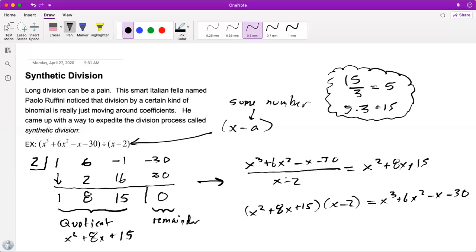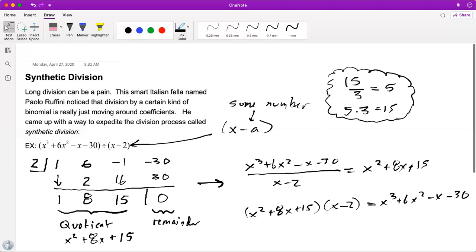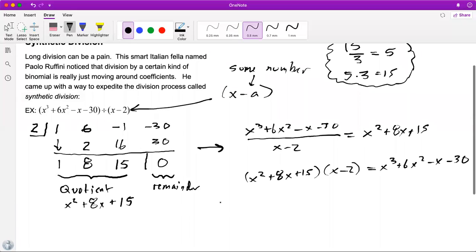The reason this is important is because I can factor this thing now in our trinomial way. And being able to factor this original polynomial into just linear factors is pretty important.